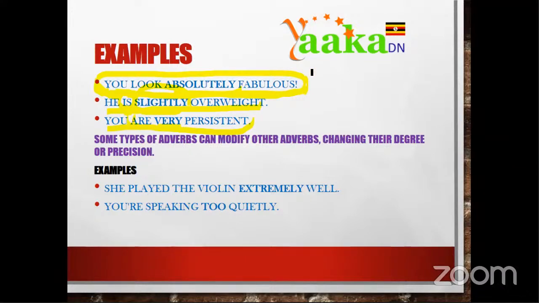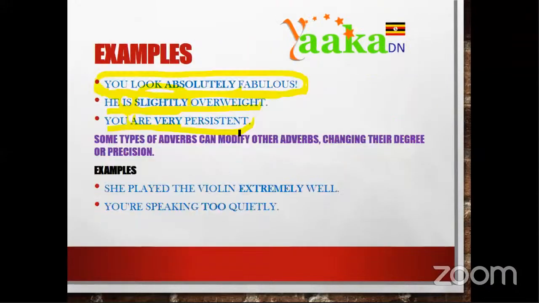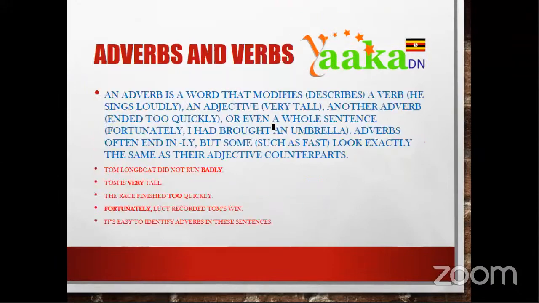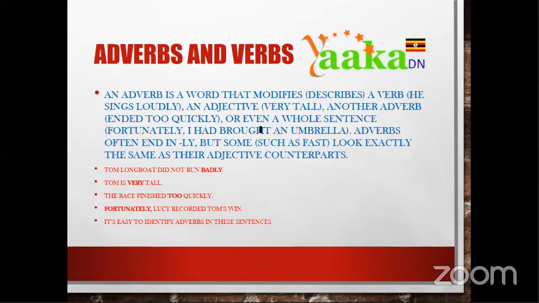And now, according to our table here, which type of adverb is the word absolutely, which type of adverb is the word very, and which type of adverb is the word slightly. Could someone identify, please?